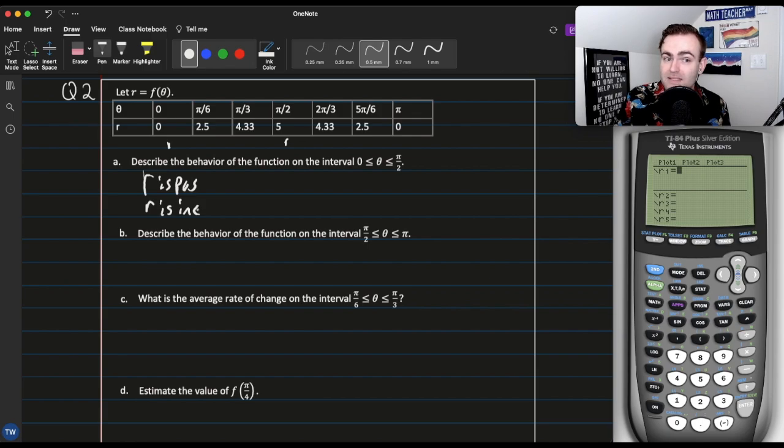Those are both positive, right? So that means that the function is moving away from the pole.